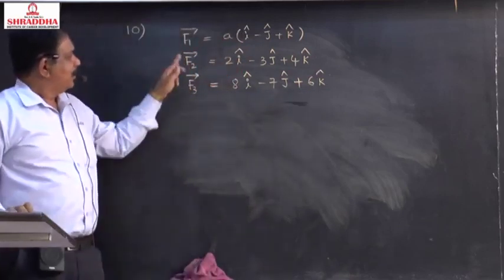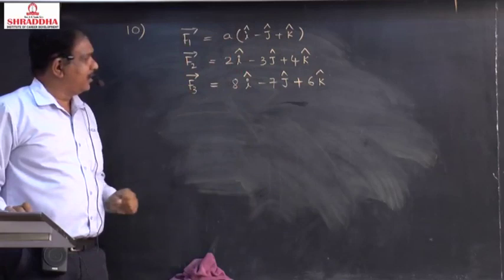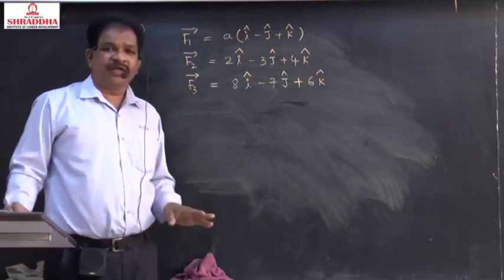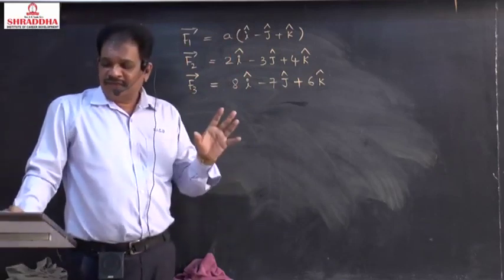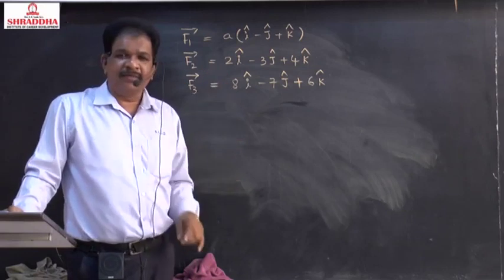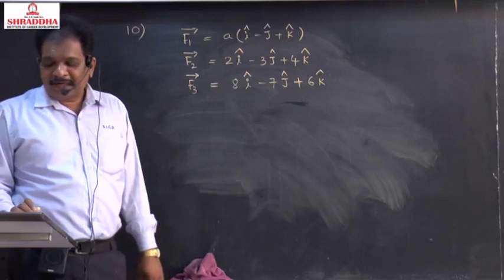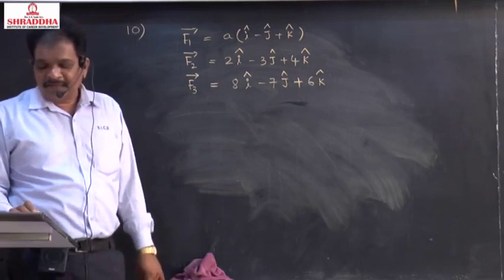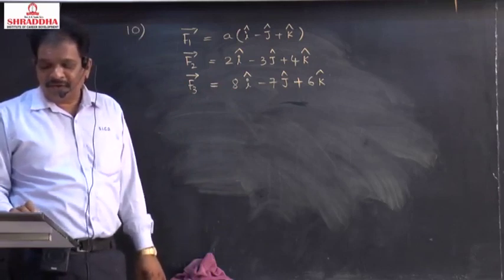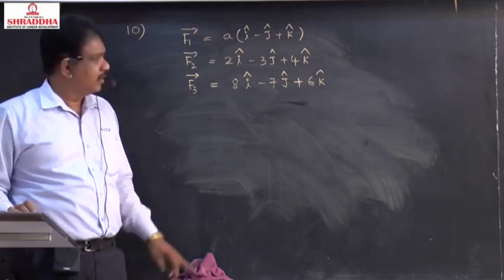Okay, F1, F2, F3, these values are given. These forces are applied simultaneously on a particle, and the particle is in equilibrium. What is the value of A? That is the question.